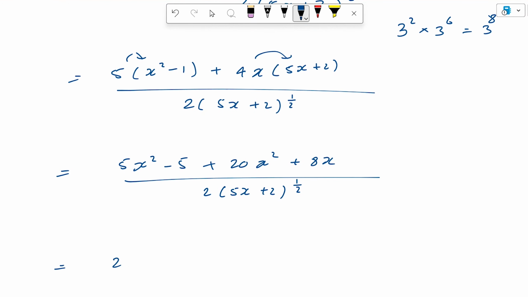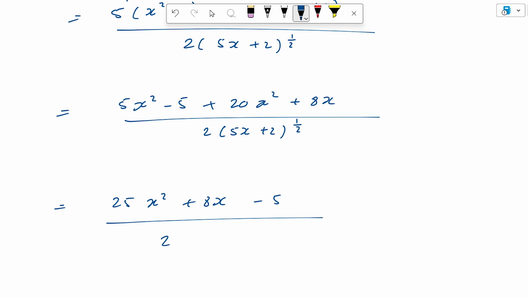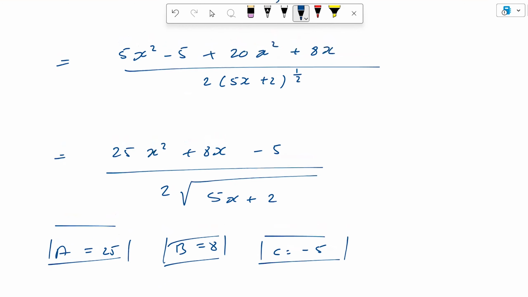That's going to be 25x squared plus 8x minus 5 over 2 5x plus 2. There. Now a is equal to 25, b is equal to 8, and our c is going to be minus 5. That's how you solve this kind of question.